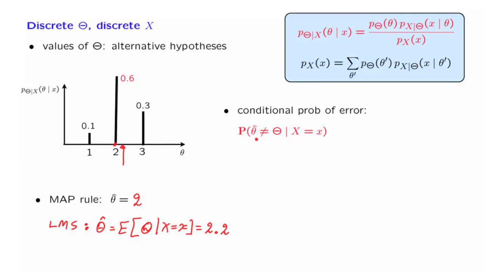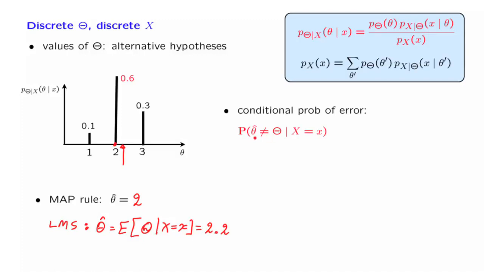Making an error means the following. We have the observation, the value of the estimate has been determined, it is now a number, and that's why we write it with a lowercase theta hat, but the parameter is still unknown. We don't know what it is; it is described by this distribution, and there's a probability that it's going to be different from our estimate. What is this probability?